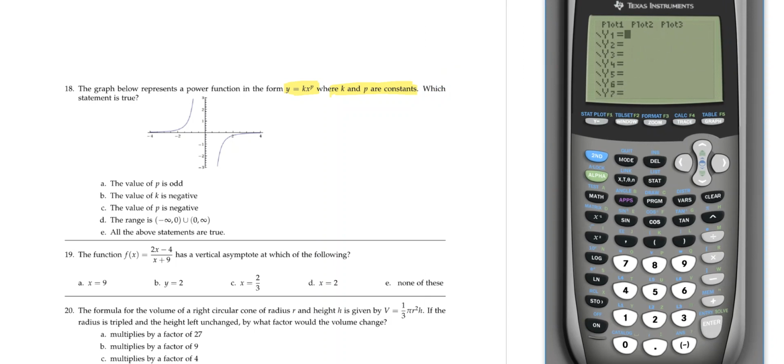Let's put 3 for k, and then x to the power of p, let's put negative 3 as well. And then when I graph it, I have to change my window. The window has negative 4 to 4, so go to the window, negative 4 to 4, and then y, negative 3 to 3. Now graph it.